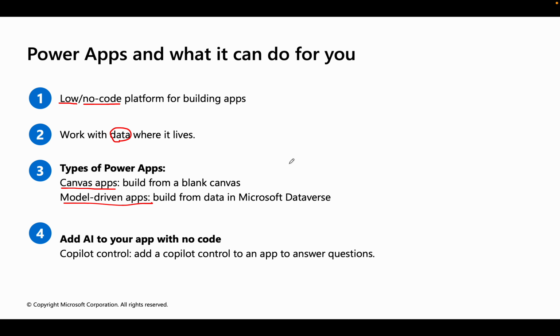For the Canvas app, you just build the app from scratch, so you can do anything you want. The layout is freestyle. But for the model-driven app, you need to use the data from the database.